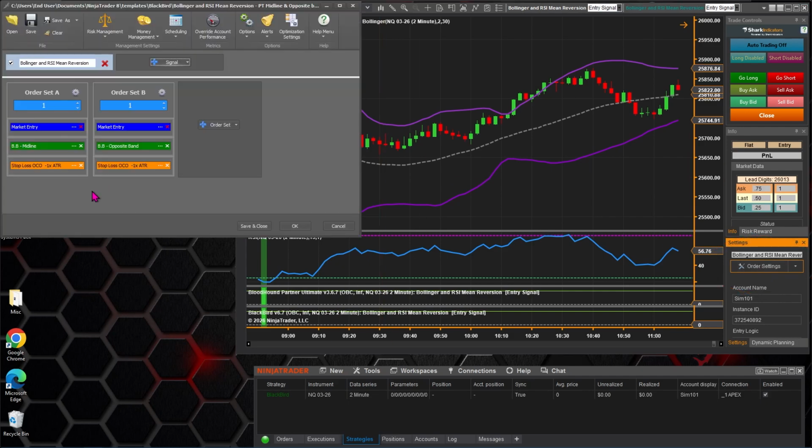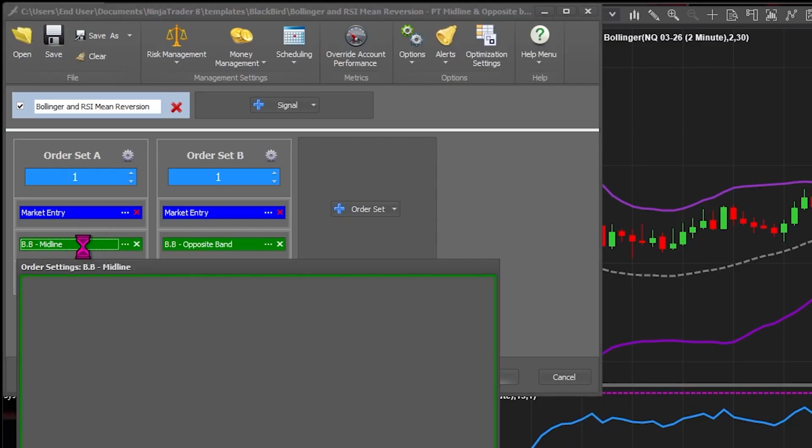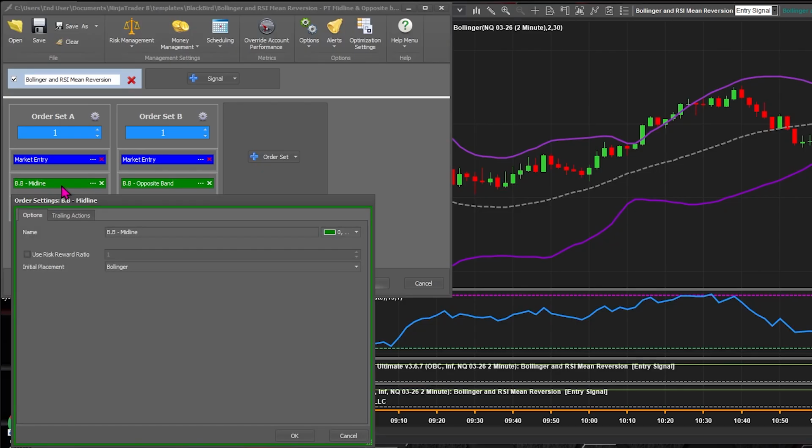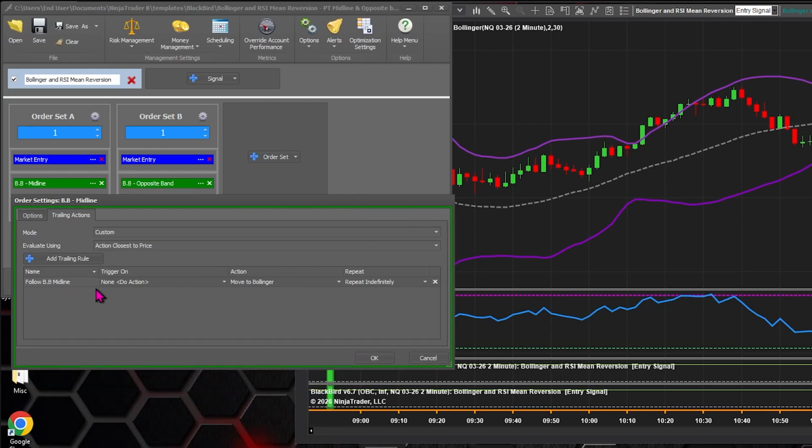The way we have this set up, there's a little extra that we've added in case you want to utilize it. This is the original system, order set A. You can see our profit target is placed at the midline, and it's also trailing, or following, the midline. We can see the initial placements on the Bollinger, and if we go into the trailing actions tab, there's a trailing rule to move that profit target so that it follows the Bollinger.